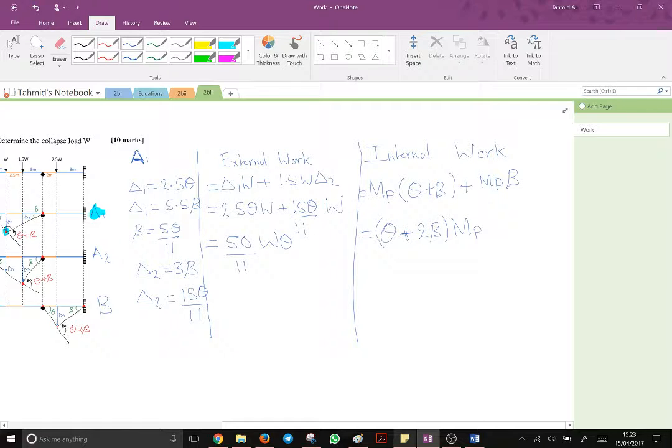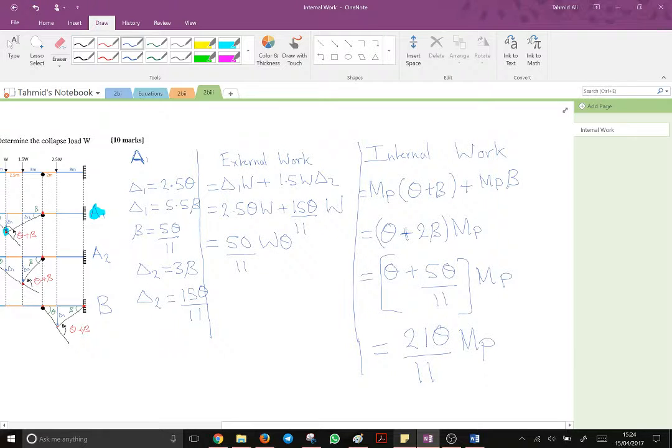MP, and since we know what beta is equal to, beta is equal to 5 theta over 11, so it's going to be theta plus 5 theta over 11 MP. Now we can collect like terms, which is equal to 21 over 11 times MP.